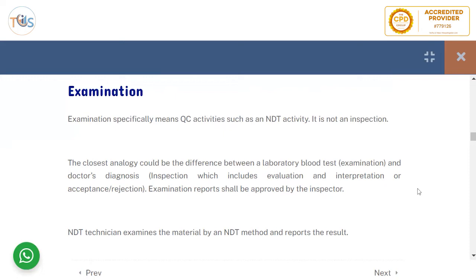Now, the NDT technician normally has a procedure. He works according to the procedure, and if he's allowed, he evaluates the indication or discontinuity to see if it's relevant or not, and then sizes it.